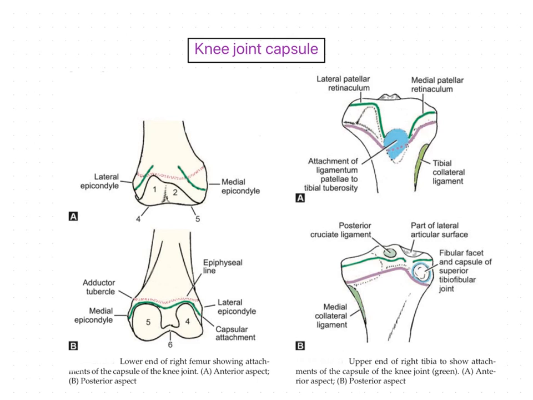So this is the anterior aspect of the femur and posterior aspect of the femur, and this one is the anterior aspect of the tibia and posterior aspect of the tibia. So anteriorly the fibrous capsule is deficient.